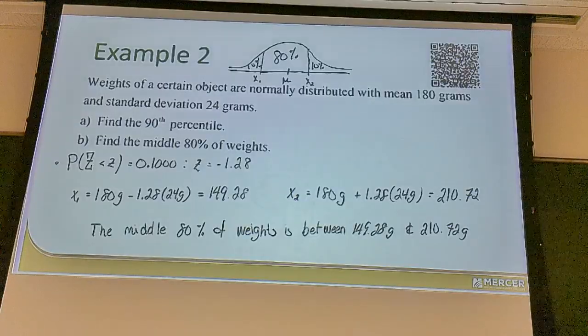So the middle 80% of the weight is going to be between 149.28 grams and 210.72 grams.